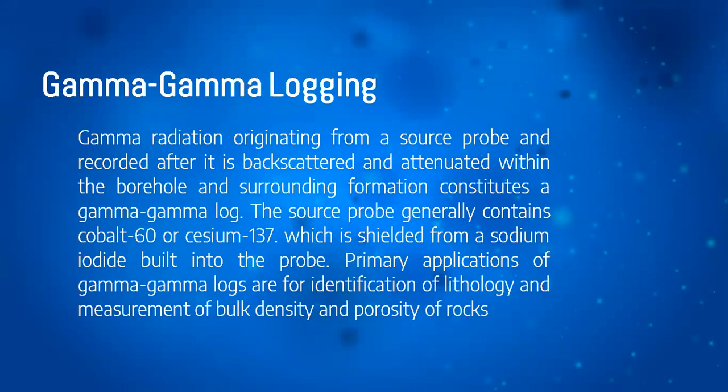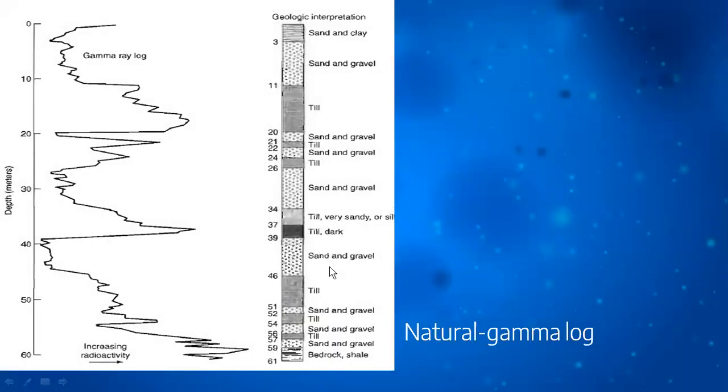Gamma radiation originates from a source in the probe and is recorded after it is backscattered and attenuated within the borehole and the surrounding formation, which constitutes a gamma-gamma log. The source probe generally contains cobalt-60 or cesium-137, which is shielded from the sodium iodide detector built into the probe. The primary application of gamma-gamma logs is identification of lithology and measurement of bulk density and porosity of rock.